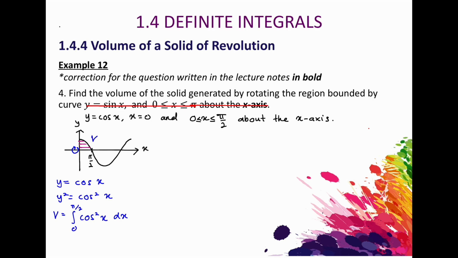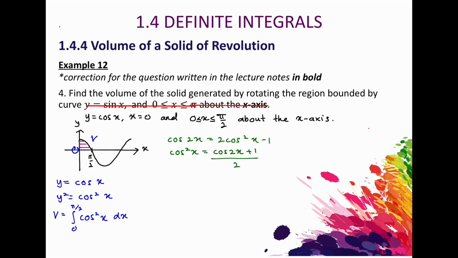However, it's not possible to integrate cos squared straight away. Therefore, we need to use the identity that involves cos squared x so that we can integrate the trigonometric function. We have cos 2x is equal to 2 cos squared x minus 1. So finally we have cos squared x is equal to (cos 2x plus 1) over 2.